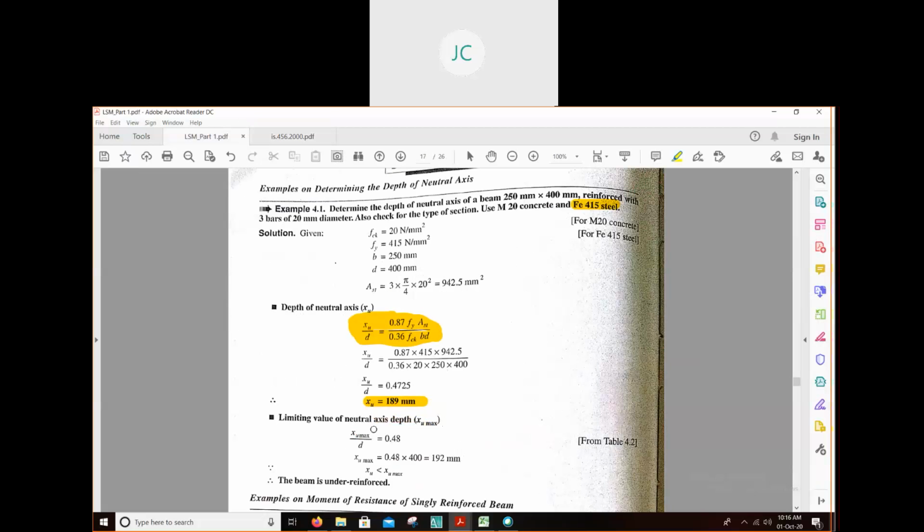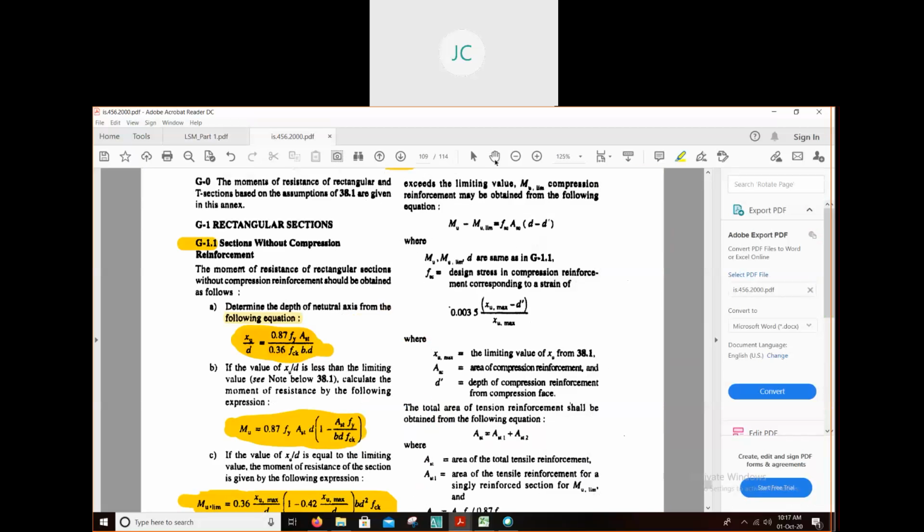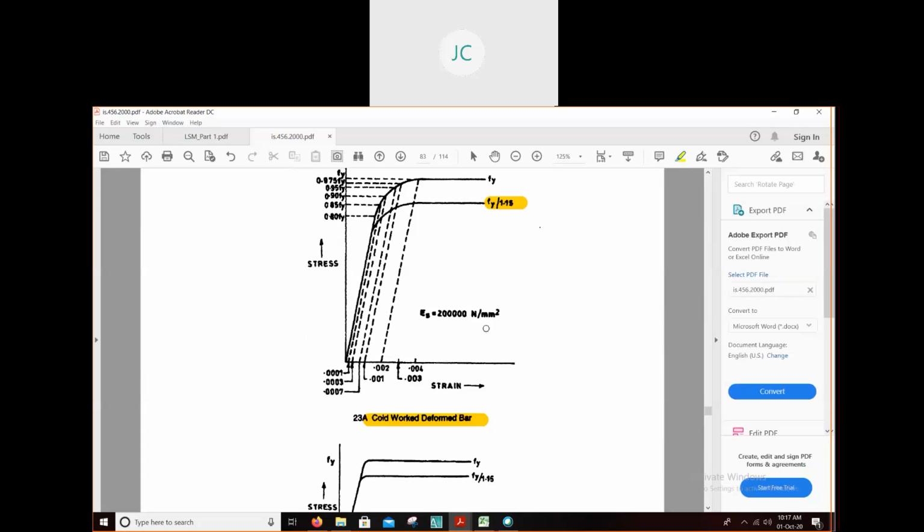So how to find out XU max? Because you are given Fe 415 steel. For this steel, as per clause 38.1, for Fe 415, XU max by D equal to 0.48.